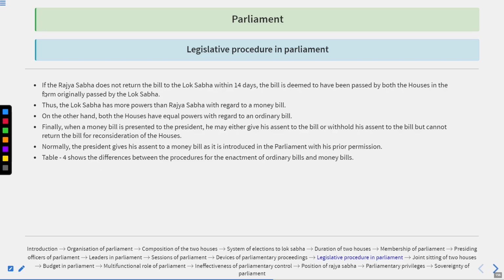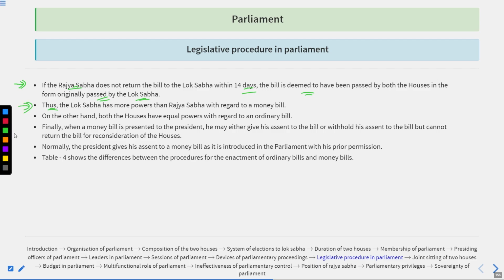Thereafter, if Rajya Sabha does not return the bill to the Lok Sabha within 14 days, automatically the bill is deemed to have been passed by both the houses in the form originally passed by the Lok Sabha. Because we know Rajya Sabha does not have any power to amend or change the bill.